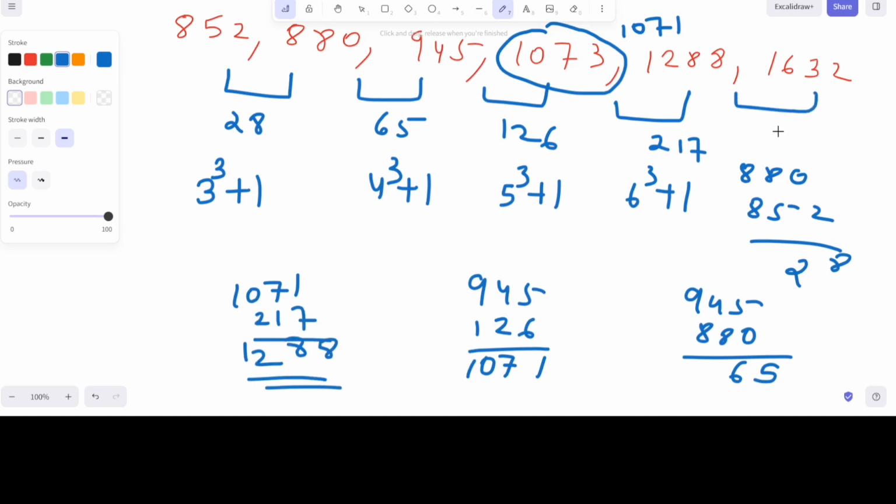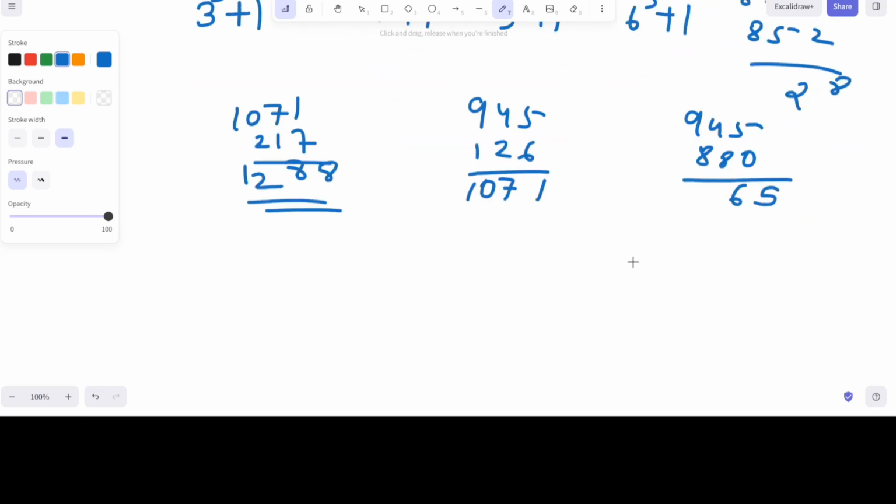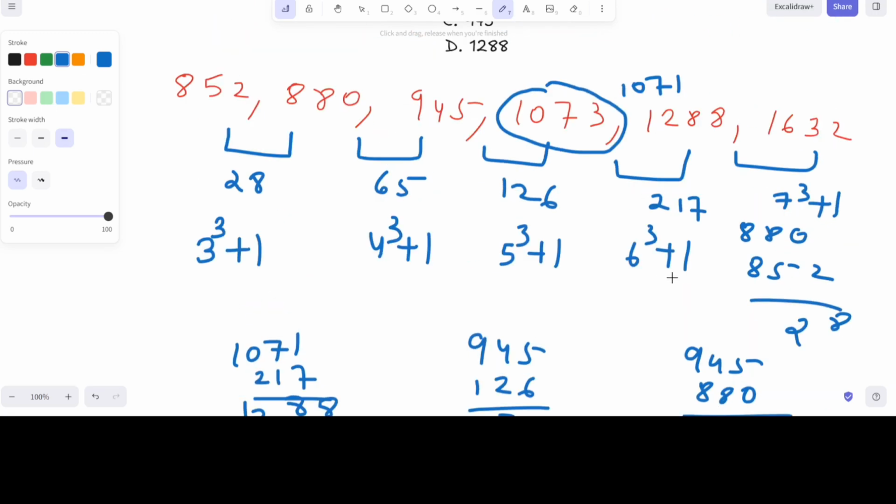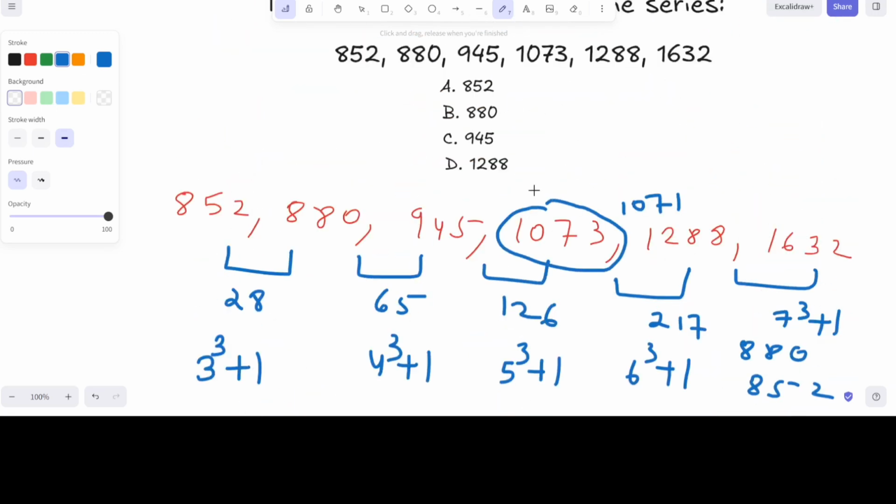Similarly, this should be 7 cube plus 1, that is 344. 1288 plus 344 is nothing but 1632. So our wrong term is which one? 1073. Here the wrong term is not given as an option, another option is also there. So the wrong term is 1073.